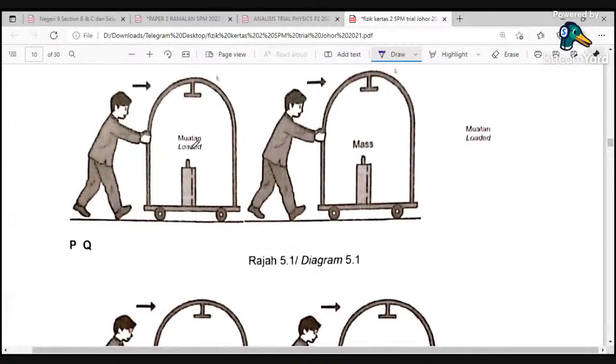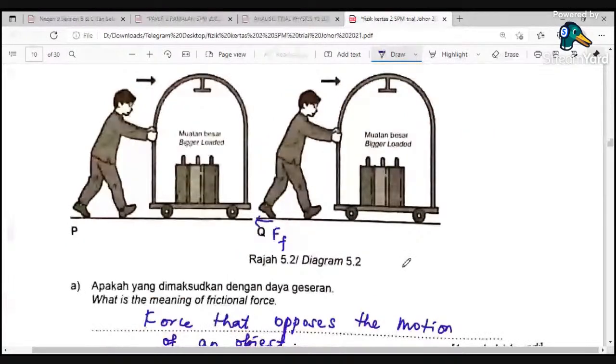I think the diagram is wrong level. Wait, okay, distance here. I think this one should be longer. This one moves slower, so for same time taken, cannot move faster. Diagram tu ada level salah.